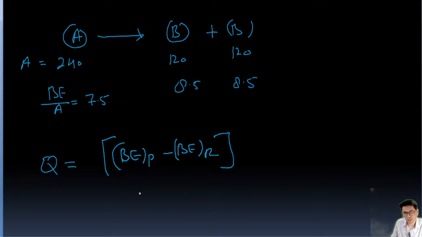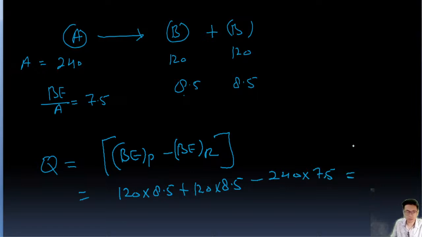There are two products, and this is binding energy per nucleon. For 120 nucleons, it is 120 into 8.5, and there are two of them, minus 240 into 7.5. We'll solve it very simply.